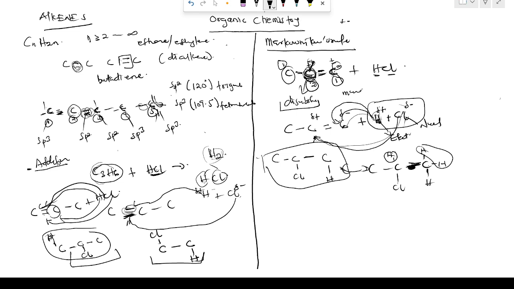We also have the anti-Markovnikov rule, which is the exact opposite of the Markovnikov rule. With that one, the hydrogen goes to the carbon with the least hydrogen, and the halide goes to the carbon with the more hydrogen. The anti-Markovnikov rule works only when there is a hydrogen peroxide reagent present.